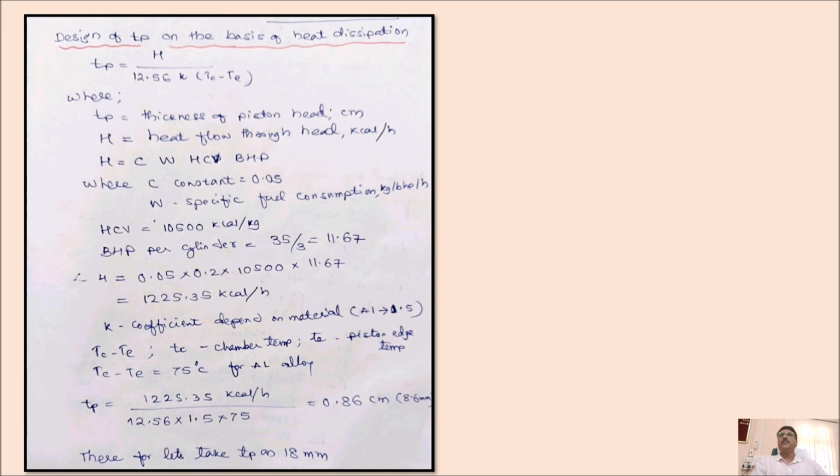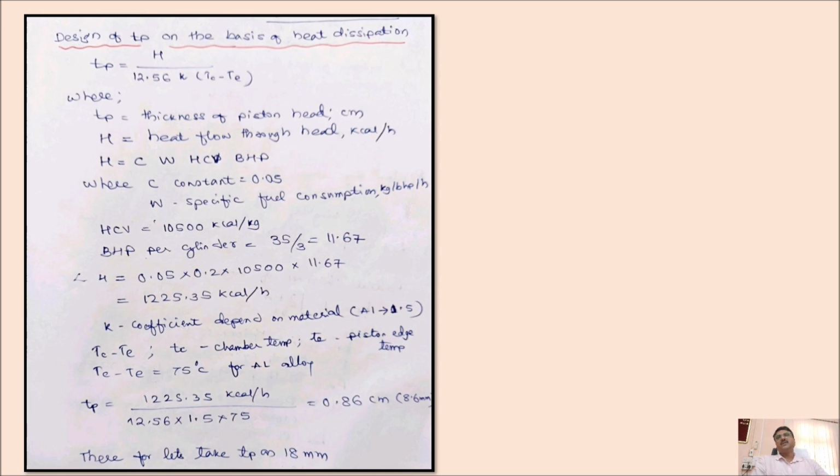higher calorific value. This higher calorific value for a diesel engine is 10500 kilocalorie per kg, and BHP is brake horsepower. Here we are considering 3 cylinders, so BHP per cylinder will be total BHP divided by the number of cylinders.